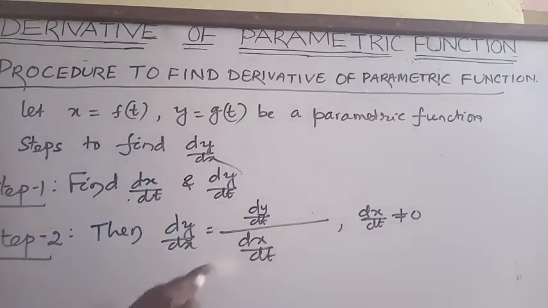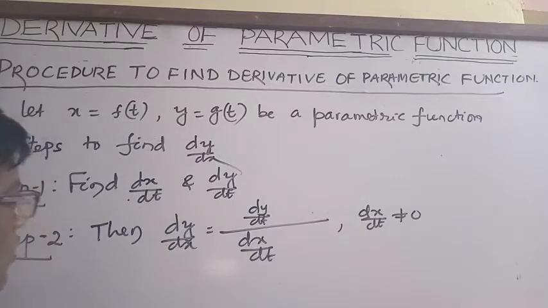If dx by dt equal to 0, then the derivative does not exist. So these are the two steps to find the derivative of the parametric function.